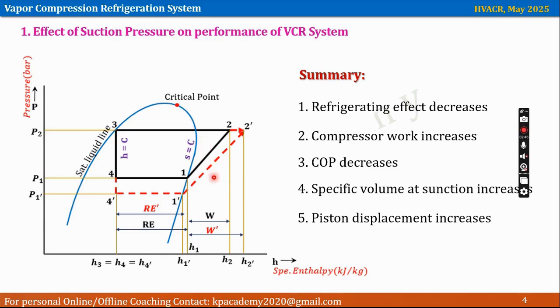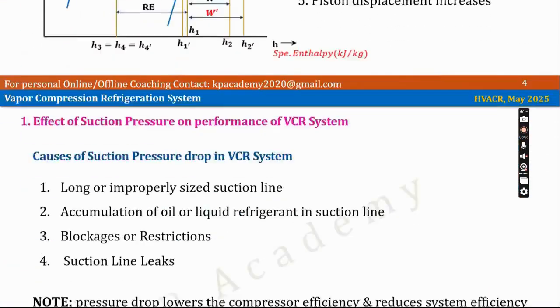And the value is increasing from upside towards the downside. So that's why the specific volume at suction line increases. And if the specific volume at suction line increases, then piston displacement also increases, right? Because compressor has to work harder, which increases the piston displacement.